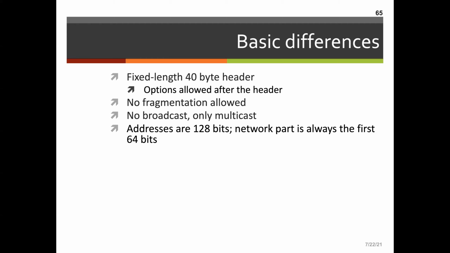The addresses are 128 bits, with the network part always the first 64 bits of the address. With IPv6, you have 1.8 times 10 to the 19th subnets and 1.8 times 10 to the 19th hosts on each subnet.